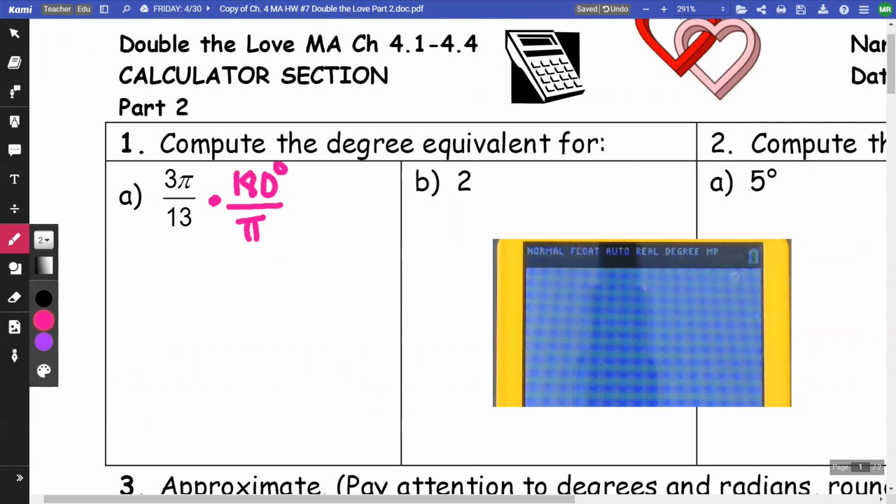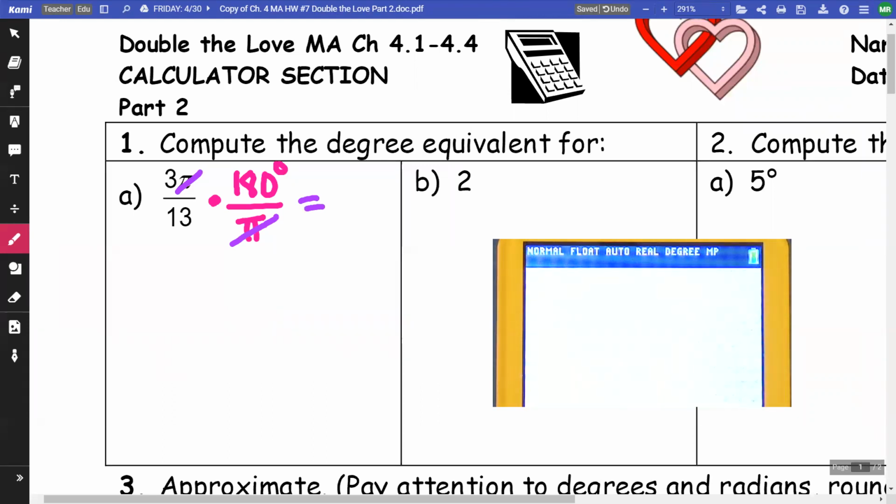The reason the pi is on the bottom is that the pi is going to cancel with the pi. Then I can put this into the calculator: 3 times 180 divided by 13. And I end up with 41.54 degrees.